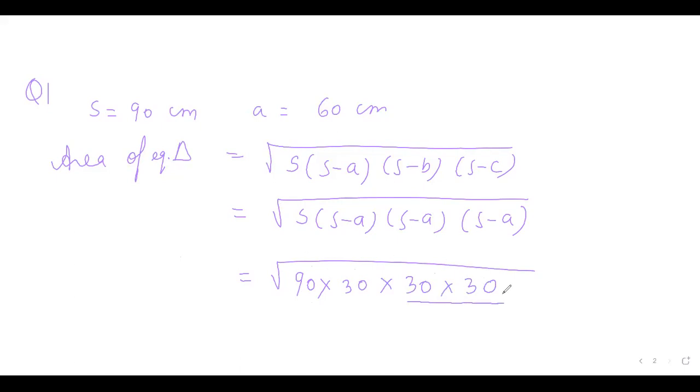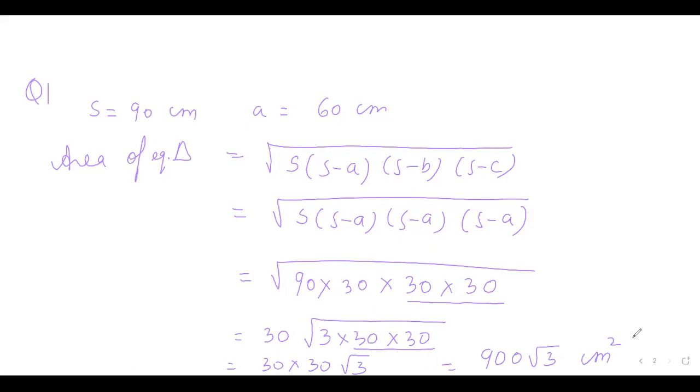Out of this, 2 of the 30s come out as one 30. Then 90 I can write as 3 into 30, so out of this, two 30s come out as one 30 again. So what remains is your final answer, that is 900 root 3. And the unit of area is centimeter square. So see, in this way we need to calculate the area of an equilateral triangle.